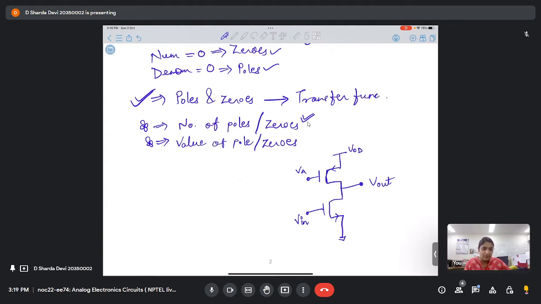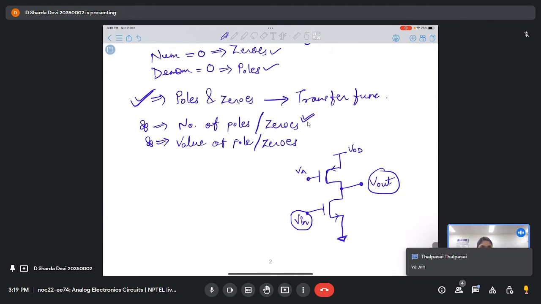Common source. Yes, it is a common source configuration, right? So here, now this is your input terminal and this is your output terminal, right? So what are the AC nodes that we have over here? Where will we see the AC signal coming into picture? What all nodes are AC nodes? Will you see any AC signal coming into picture at VA?